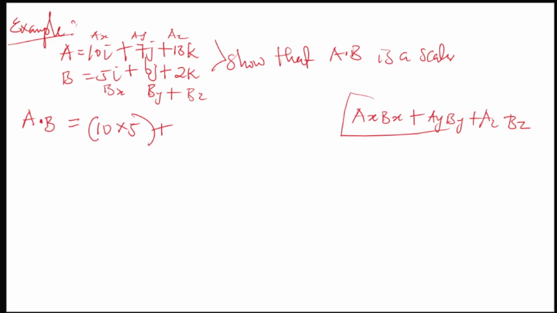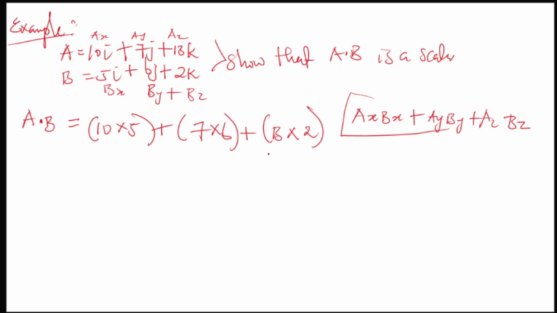We have AY here to be 7, BY to be 6. So you now have 7 multiplied by 6. The next one is AZ and BZ. So you have 13 times 2. That's the meaning.